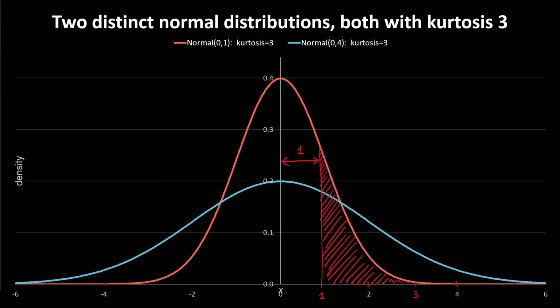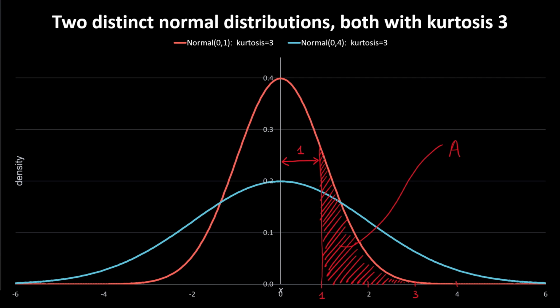And notice that 1 is one standard deviation above the mean, right? Because this distribution has a variance of 1, hence a standard deviation of 1. So if we go from 0 to 1, we've traveled one standard deviation to the right. So this event, let's call it A, is the event that this random variable takes on a value greater than one standard deviation above the mean.